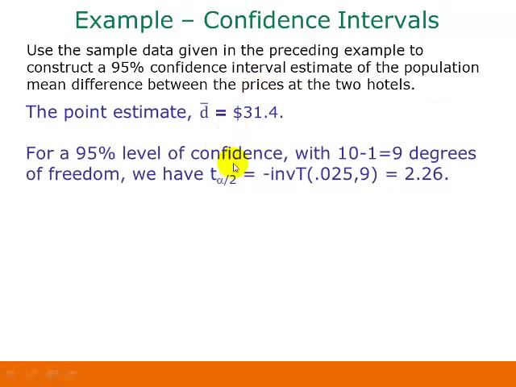For a 95% level of confidence with 9 degrees of freedom, our critical value we would find by doing inverse t of 0.025 with 9 degrees of freedom. That gives us a negative, so we just take off the negative, and that turns out to be 2.26. So our margin of error is 2.26 times our sample standard deviation, which was 17.3, divided by the square root of 10, and that gives us $12.40.